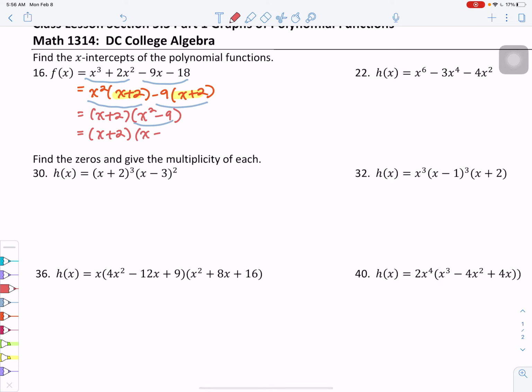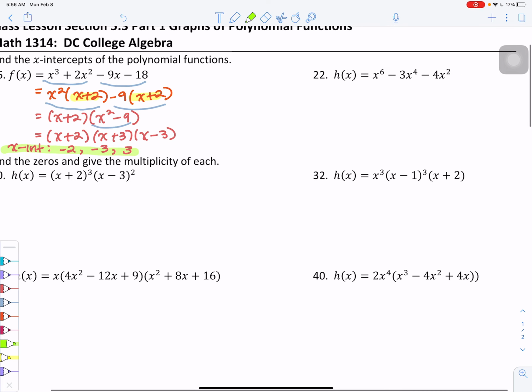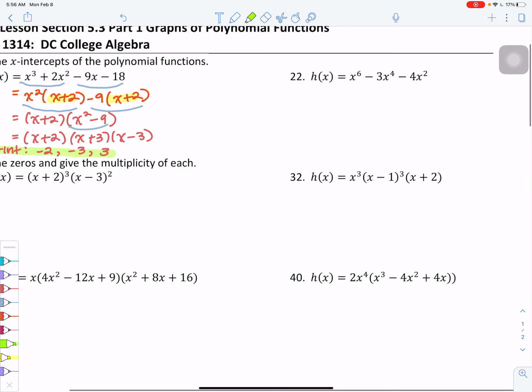So that is x plus 3 multiplied by x minus 3. So our x-intercepts are -2, -3, and 3. I'm just going to go ahead and highlight that answer because it's so far down on the bottom of that problem. Okay, let's look at number 22.